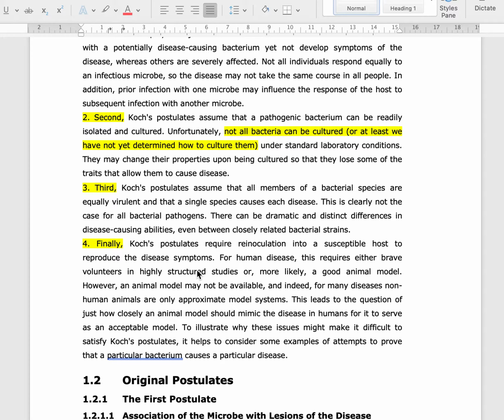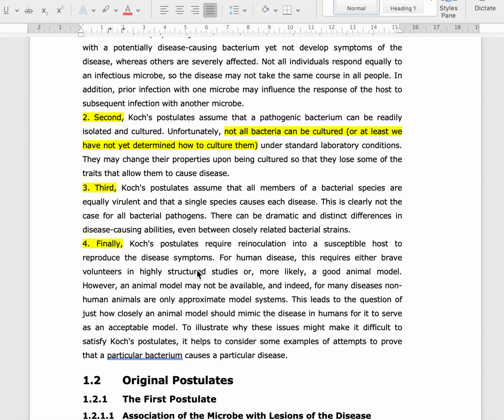So to overcome this, we have to use an alternative. We definitely cannot use humans, so we have to use an animal model instead. Now this is actually a difficult thing. It may sound very simple, but in many cases microbes are host specific.